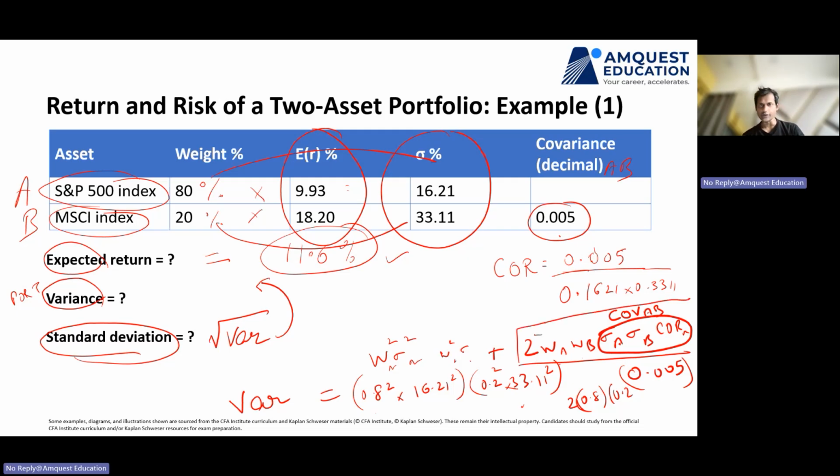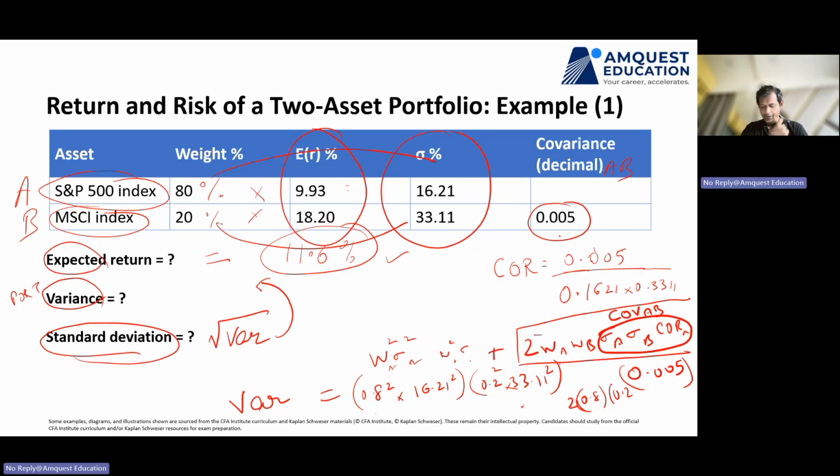So what answer you got for variance? Answer, guys? 17.1. 17 point 1. 17.1. Okay, others? 8.2. 8.2.